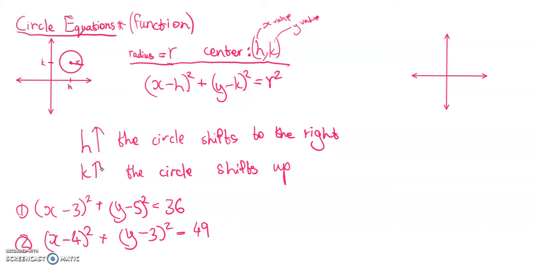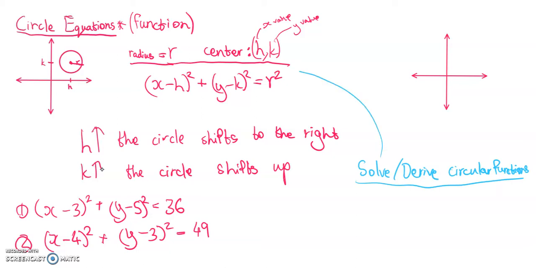Now, let's think about how we can solve or derive circle equations. Okay. Now, what I mean by this is basically for a circle, finding the equation in this form right here, (x minus h) squared plus (y minus k) squared equals r squared.